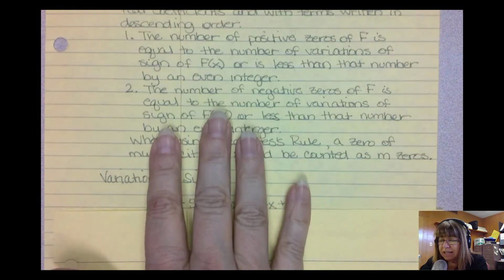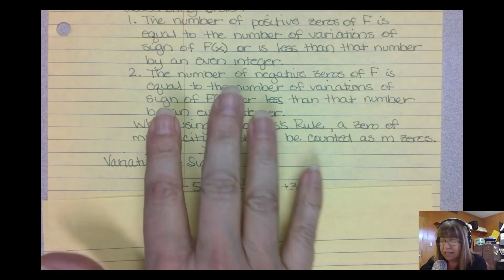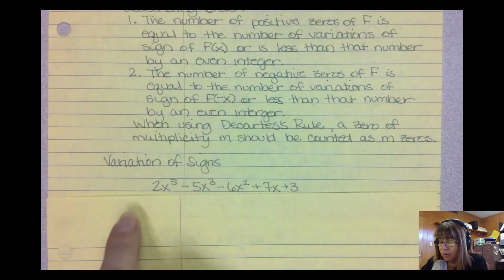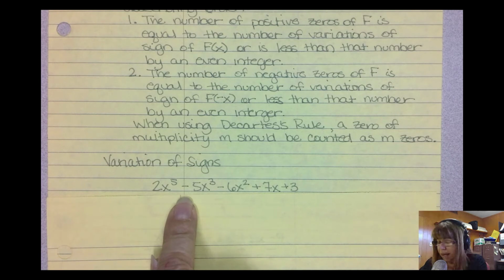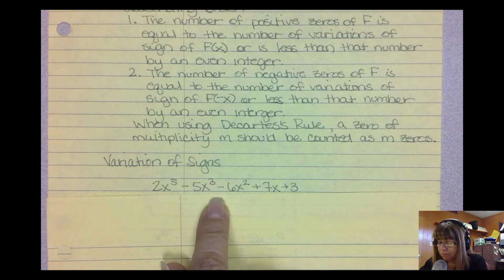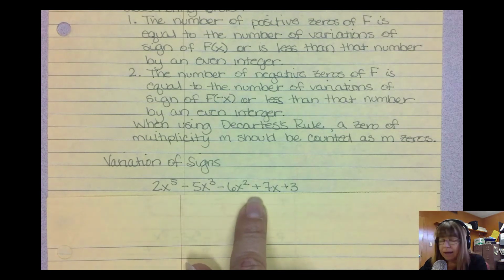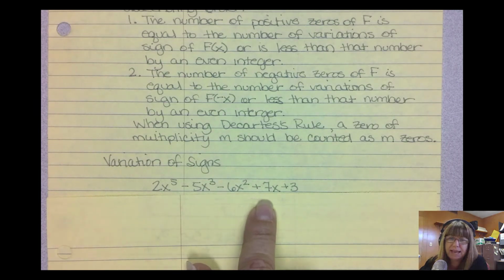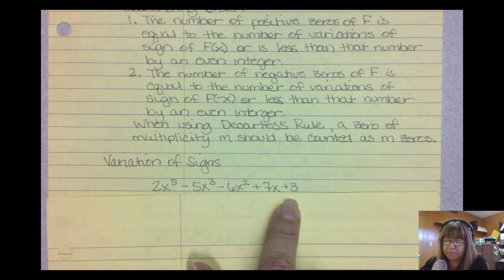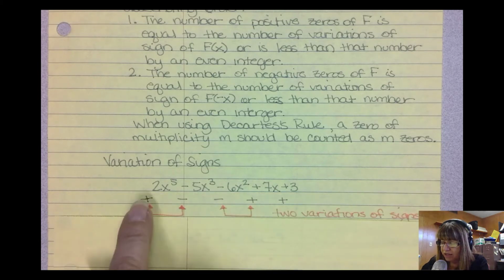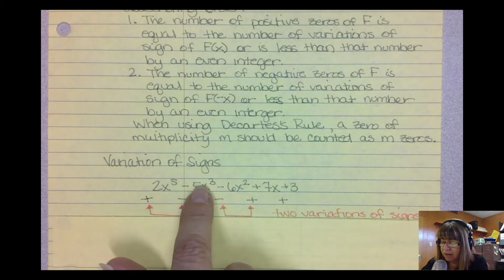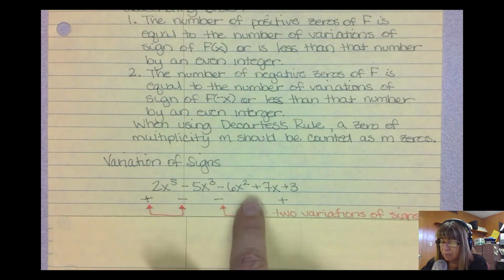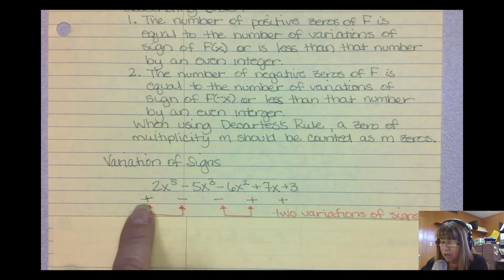So let's see a variation of signs example. 2x to the 5th minus 5x cubed minus 6x squared plus 7x plus 3. Now looking at where the signs are, the first sign is positive, then minus, then minus, then positive, then positive. We change from a positive to a negative, that's one variation.